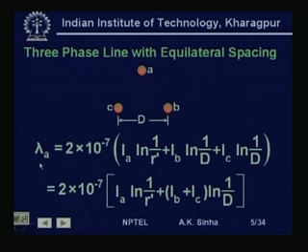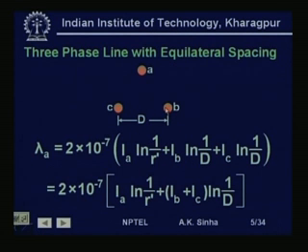Now, if we calculate the flux linkage of conductor A due to currents flowing in conductors A, B and C, then it will be equal to 2 into 10 to the power minus 7 into I A ln 1 by r dash, where r dash is the effective radius of conductor A. As we have seen, the effective radius of conductor is generally lower, it is about 0.7788 times the radius of the conductor, plus I B into ln 1 by d, that is the distance of conductor B from conductor A, plus I C, the current flowing in conductor C, into ln 1 by d, again the distance between conductor C and conductor A.